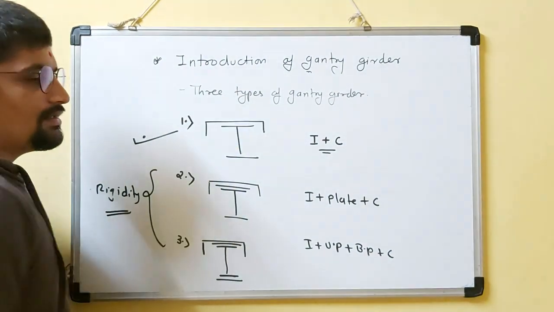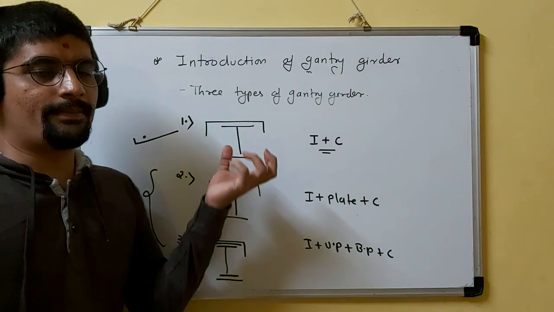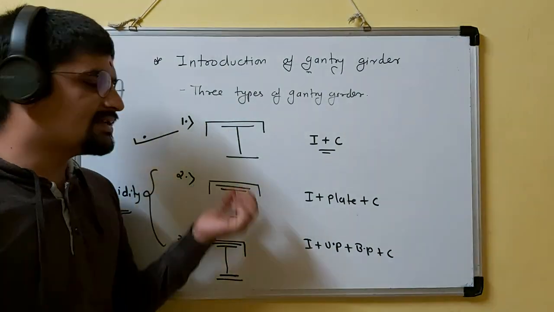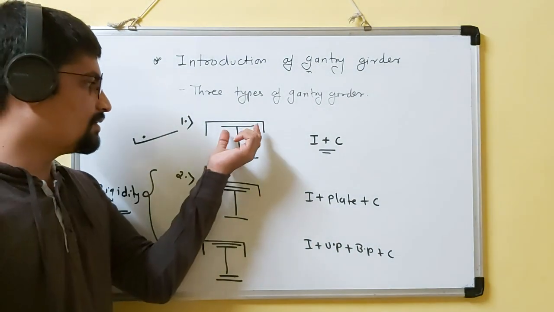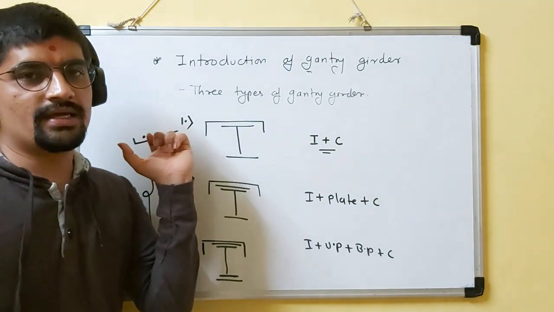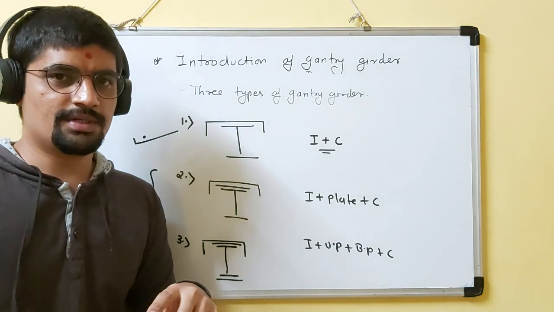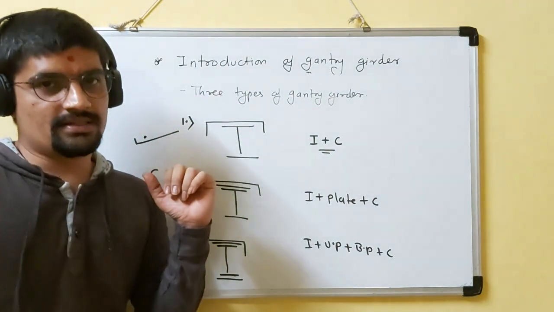The C section is used to give the appropriate width at the top portion, and the I section is used to provide the depth as per calculation. For the width portion the C section is used, and for the depth the I section is used.